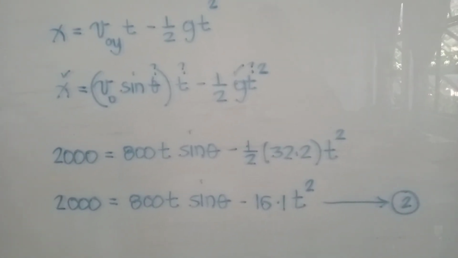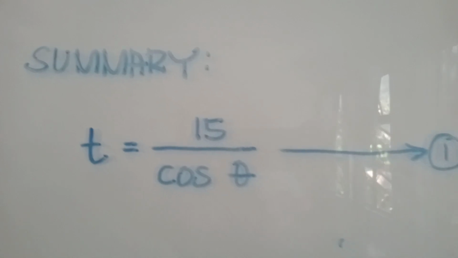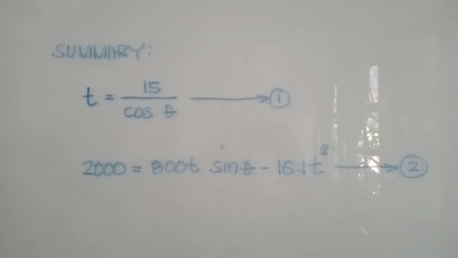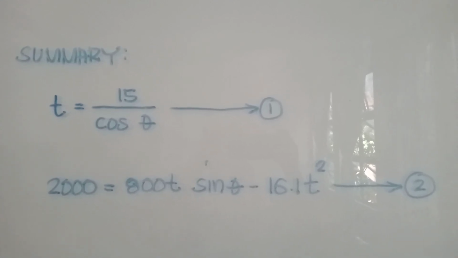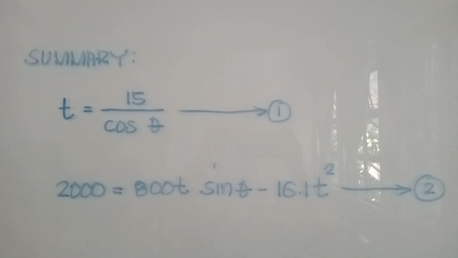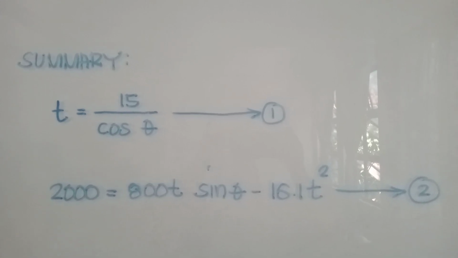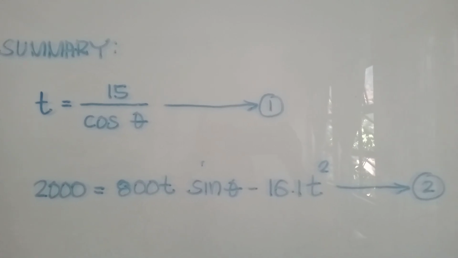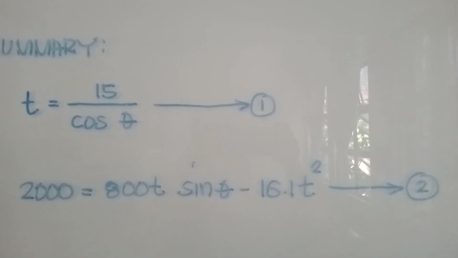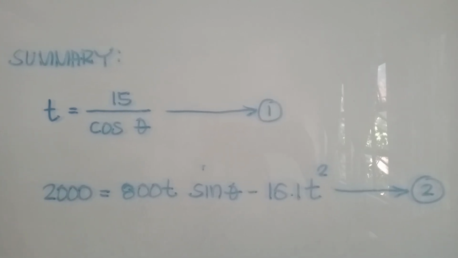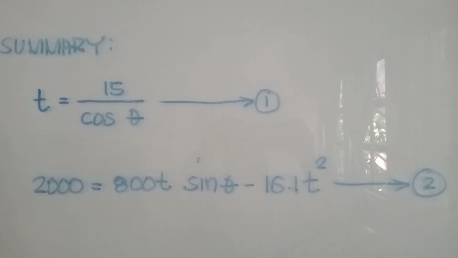Now, the summary of equations: we have again equation number 1 and then equation number 2. Since it is really challenging to solve t in terms of theta, although it can be done, this is when the method I am developing is not actually advisable.